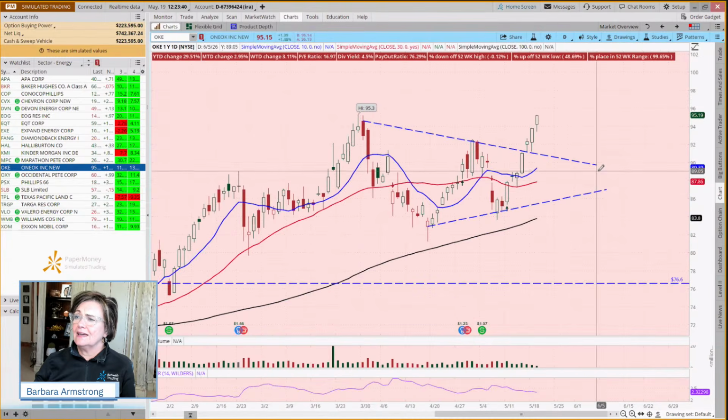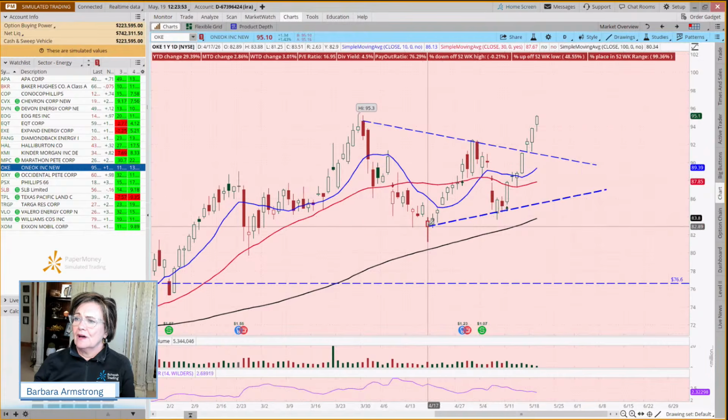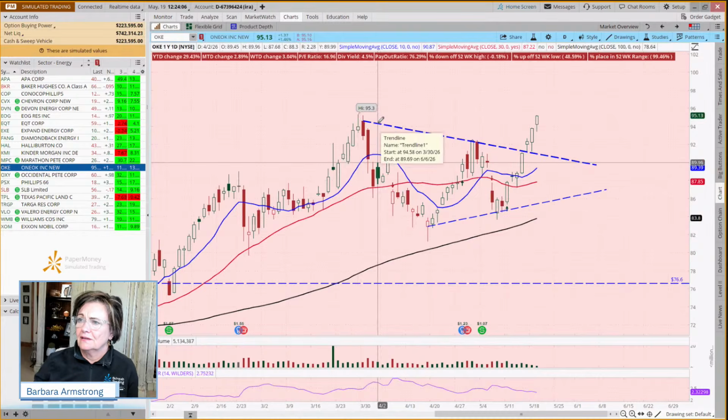So if we were interested in this stock now, how might we establish a target? Well, one of the ways to establish a target is to measure the width of this and say, well, it went from a low here of, if you look at this candle, the low on that day was 81.25 to 95.30.